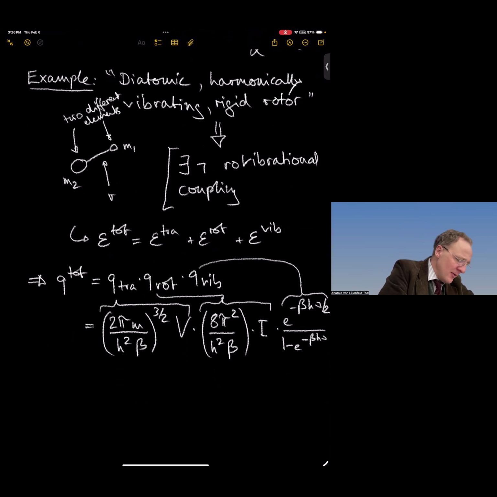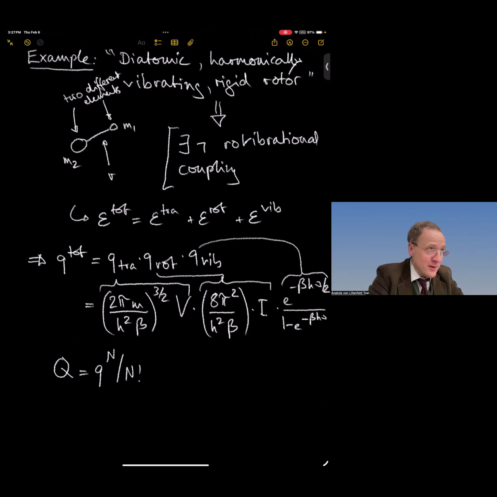Now, of course, for your entire system, Q equals q to the N over N factorial. And we can now go ahead and evaluate some function of state.